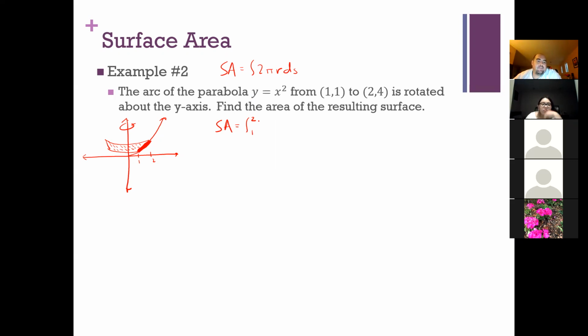In this case, what's the radius? Is it x? This time the radius is not f of x, it's just x. So we're going around the y-axis, so the radius for any given value of x is just going to be whatever the x value is. So that's one big difference from what we just did.